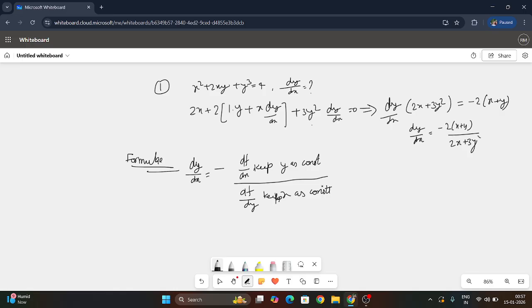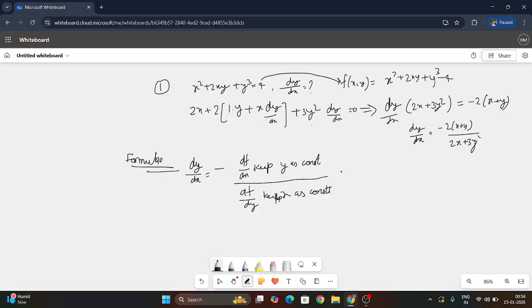Now let's use this to find the answer of the first one. So what is the function? In this case you have to write the function in such a way that it is f(x, y), because x and y both are here. So x square plus 2xy plus y cube minus 4.